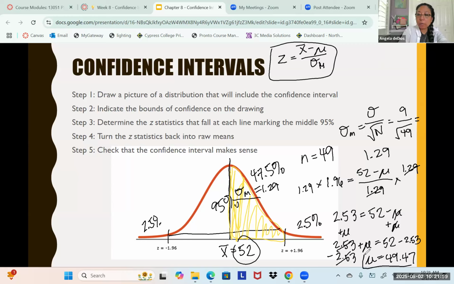All right, so one side of my confidence interval is going to be 49.47. Now let's do the other side.